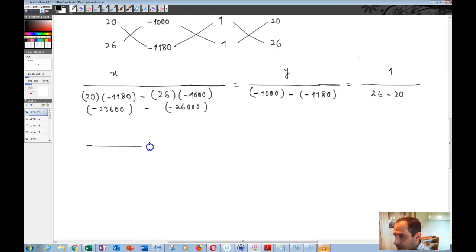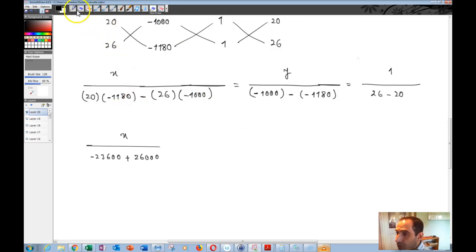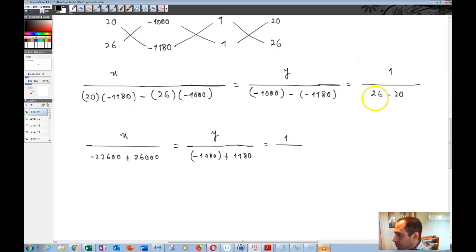The next step would be x over negative 23,600 plus 26,000. I'm going to erase this part so I don't confuse you. That is equal to y over negative 1000 plus 1180, which is equal to 1 over 26 minus 20, which is 6.